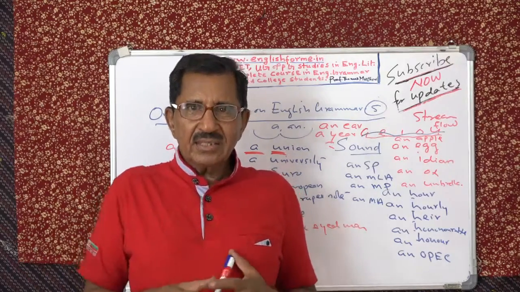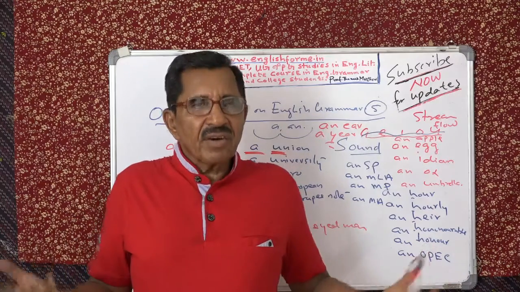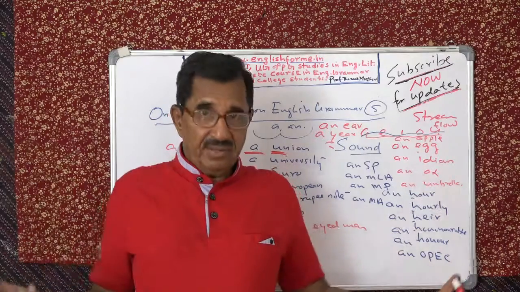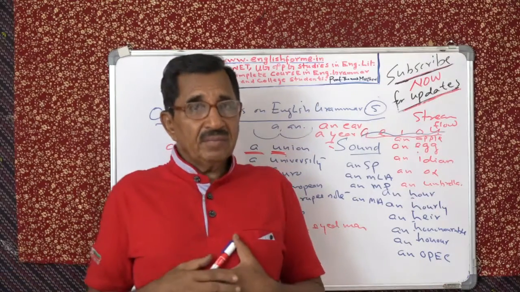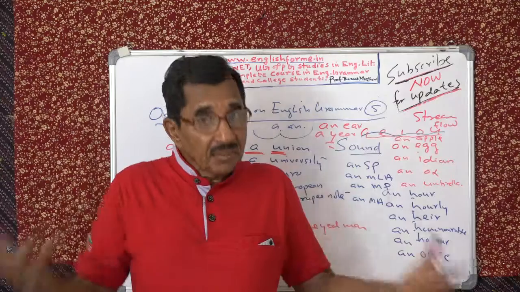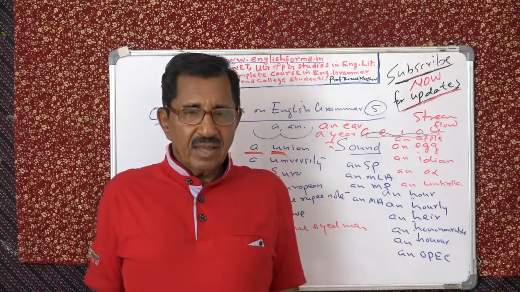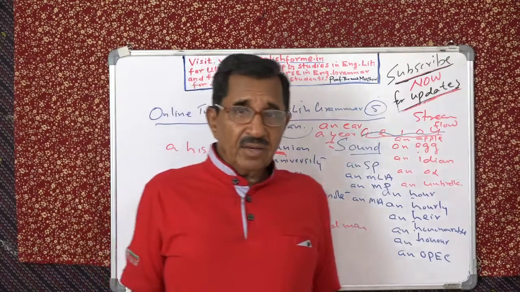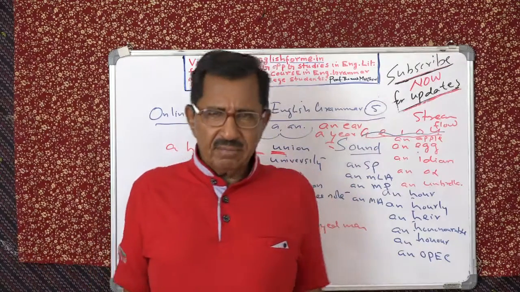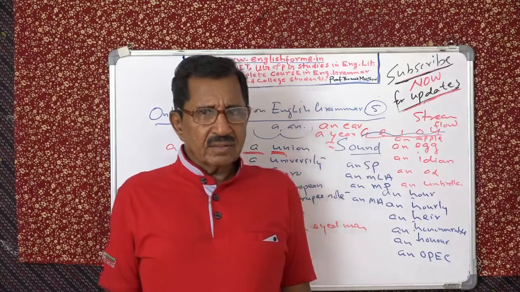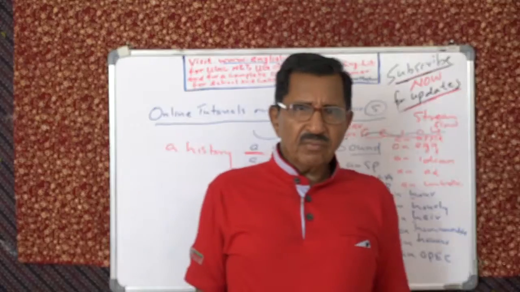So a and an, their article meaning is one. The meaning is any one. When I say I have a friend, can be anybody. I have a book, just any book. I have a pencil, any pencil. I know a boy, any boy. I want a glass of water, any water.